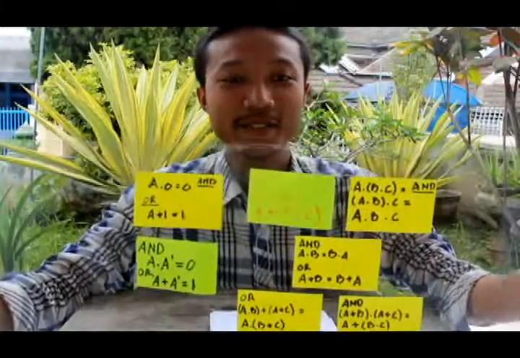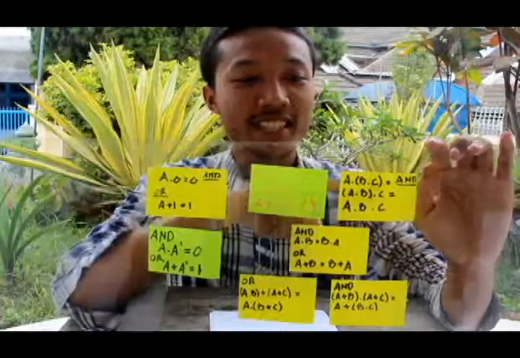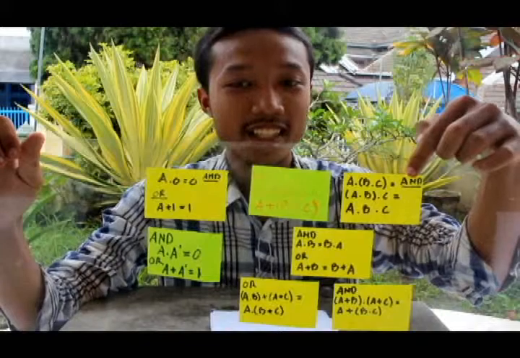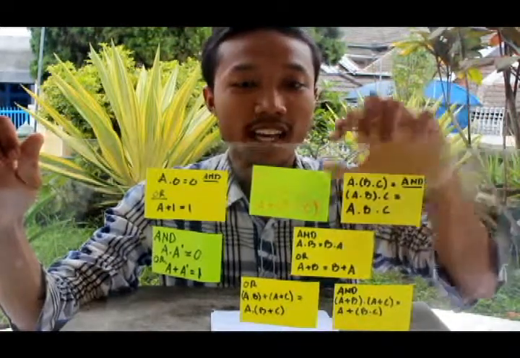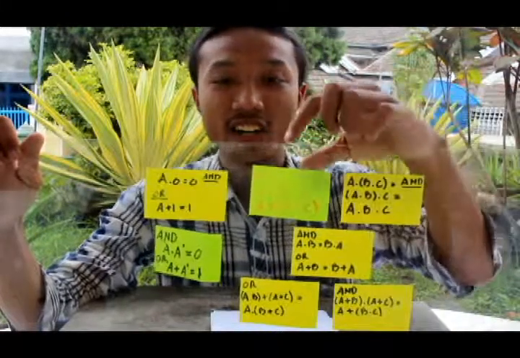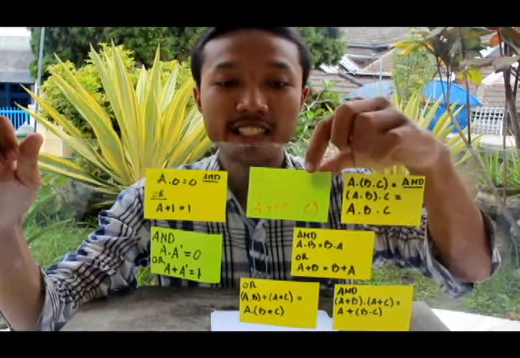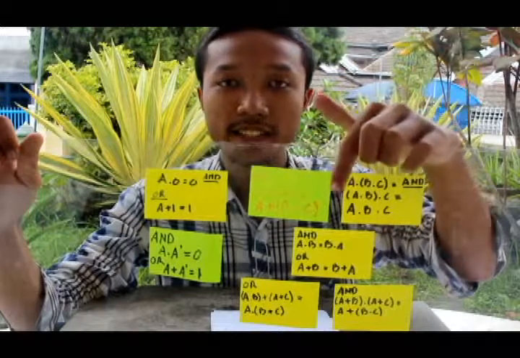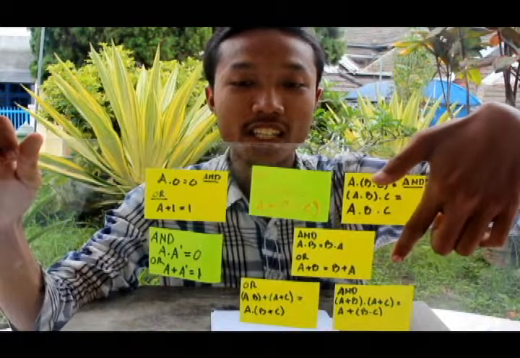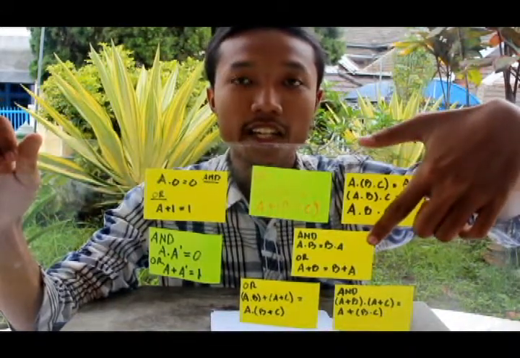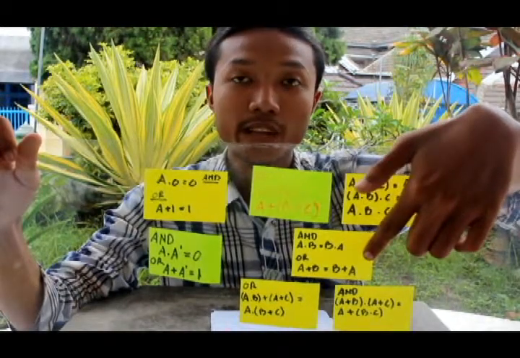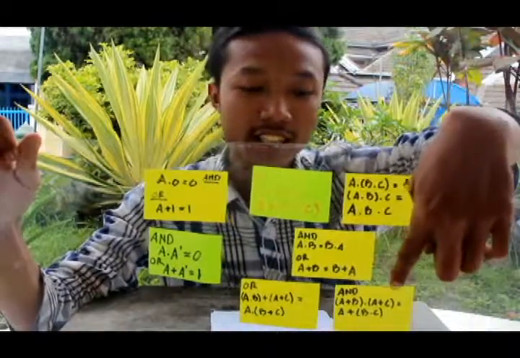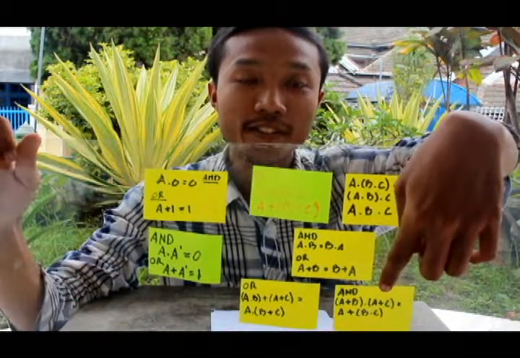Now let's see some Boolean laws. Here is the associative law: A multiplied by B multiplied by C is the AND form, and the OR form is A plus B plus C. This is the commutative law. AND form: A multiplied by B equals B multiplied by A, and OR form: A plus B equals B plus A. And in this line is the distributive law.